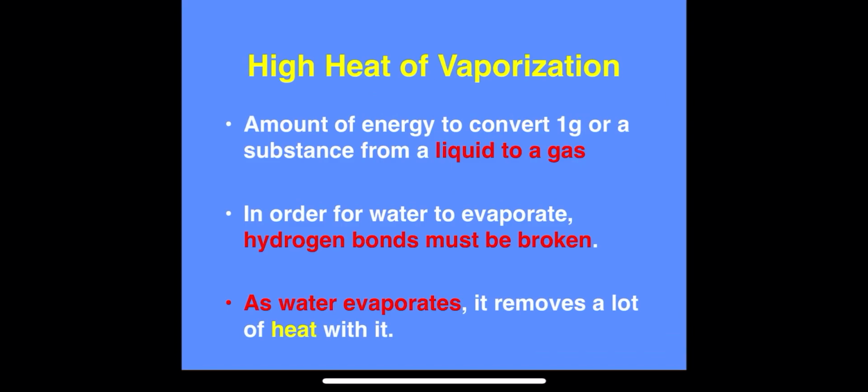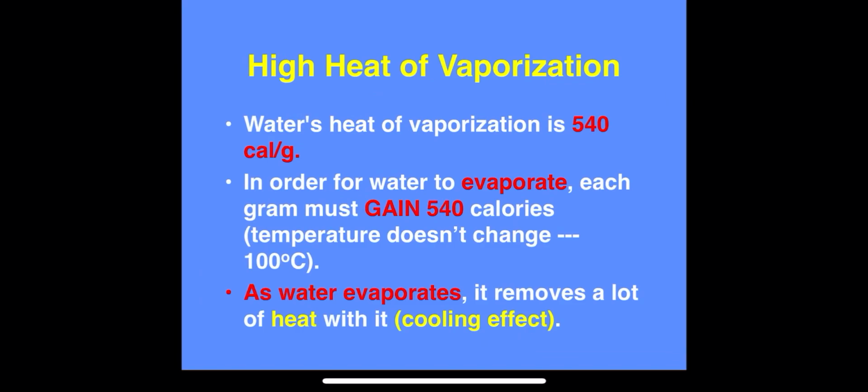High heat of vaporization is the amount of energy needed to convert 1 gram of a substance from a liquid to a gas. In order for water to evaporate, the hydrogen bonds must be broken. As water evaporates, it removes a lot of heat with it. Water's heat of vaporization is 540 calories per gram.